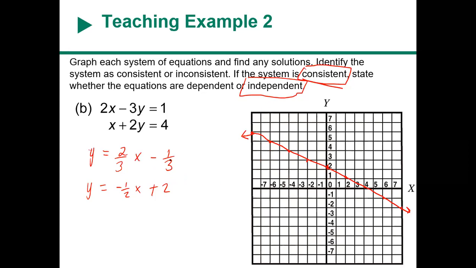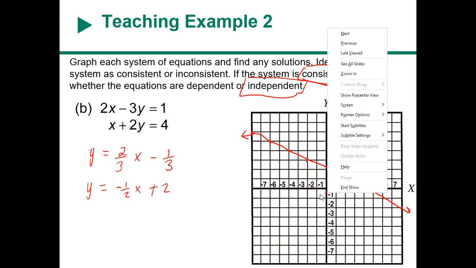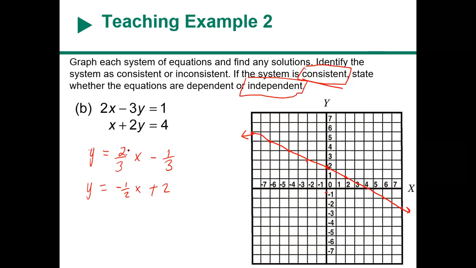So on here, if we're starting at -1/3, it's going to be really hard to count that, but we can do our best. So -1/3 would be right here, right? And so for -1/3, I'm going to go up 2 and right 3. So I'm going to go up 2. So I'm at +1/3. Then I'm at +1 1/3.